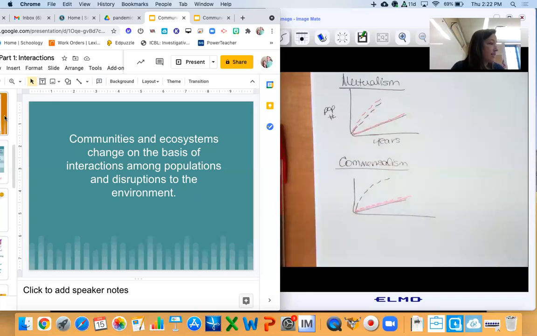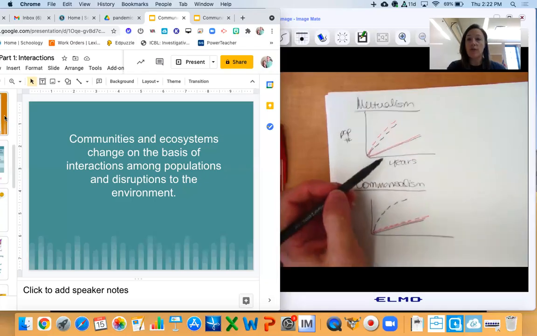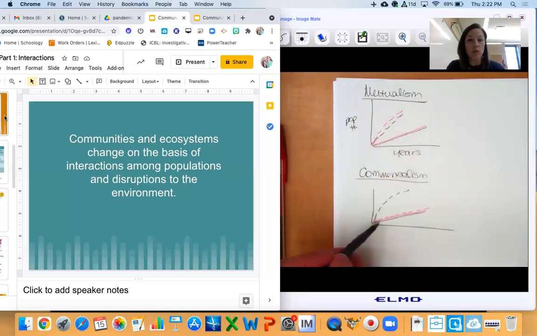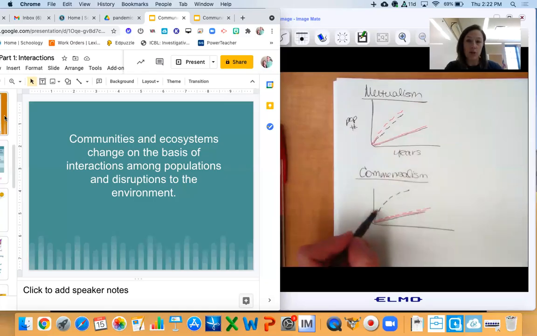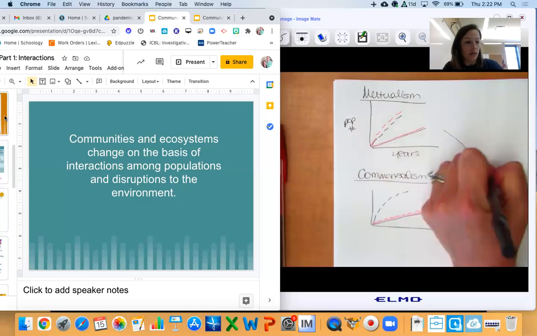And then facilitation is going to look like either one of these. If in facilitation, the facilitator is benefited as well, they're both going to increase. But if it's normal facilitation, generally what you see is the facilitator stays the same and species number 2 increases. So facilitation could be either one of those.